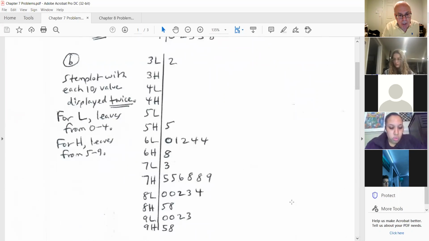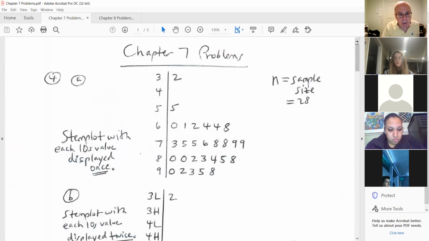And one feature that I did see was that the 32 seems to be definitely what we would call an outlier, a number that seems to be quite a bit different than all the other numbers in the data set. It seems to stick out more here than it does here, right? You sort of see that it's different, but it doesn't seem that far away from the other numbers.